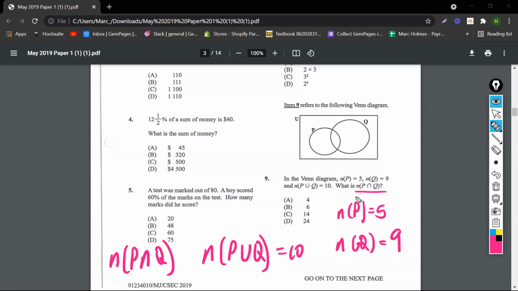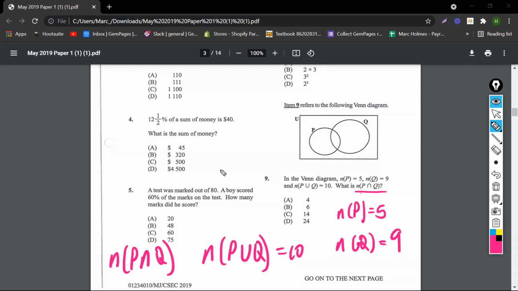All right, so let's see. In the Venn diagram, n of P is 5, n of Q is 9, n of P union Q is equal to 10. What is P intersect Q? Well, guys, I'm actually going to help you out. There's a formula that you may not know, but at least we're doing this review so that you can know.